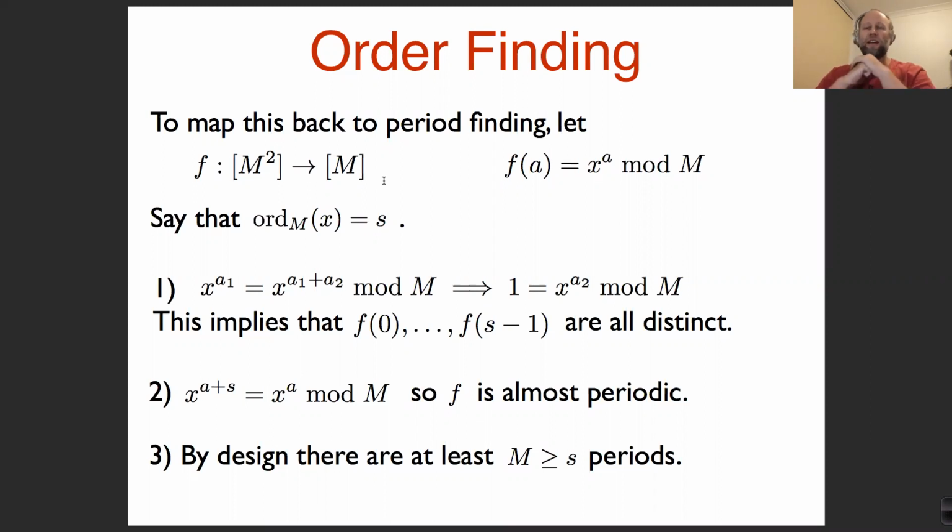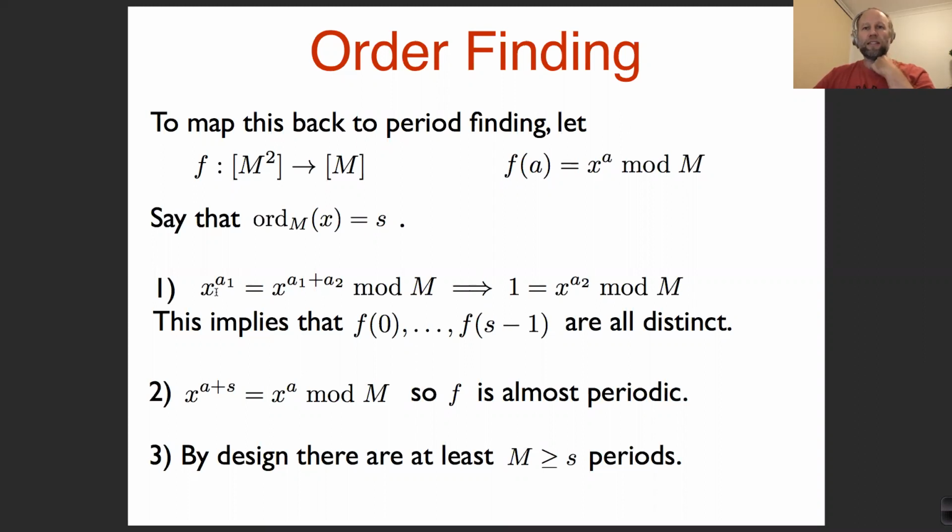Let's check that this satisfies the conditions of the more relaxed version of the period finding problem that we saw last time. Let's start with number 3, because that's easy. That's by design, where we can choose the size of the domain to be m squared, so that we see at least m many periods as we needed in our proof in the last lecture. Let's see that it satisfies the injectivity assumption.